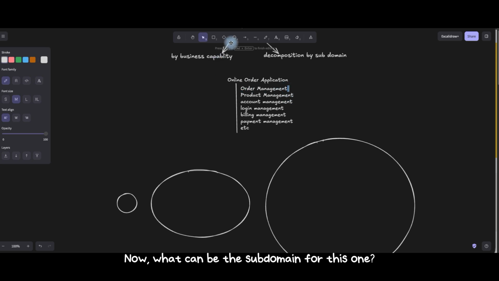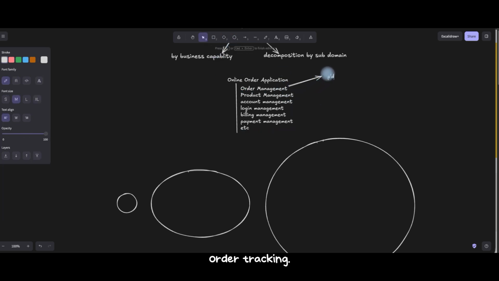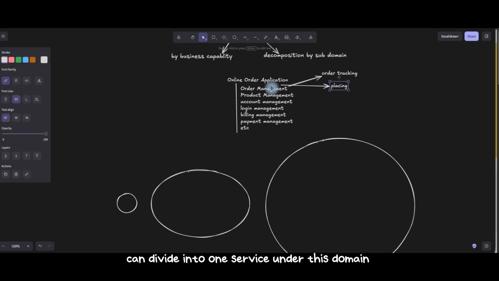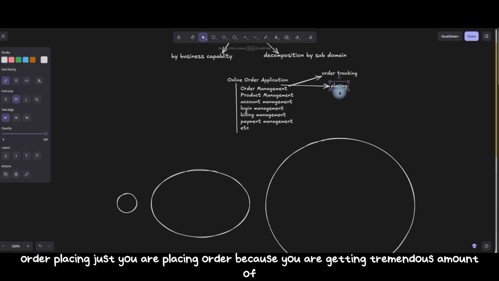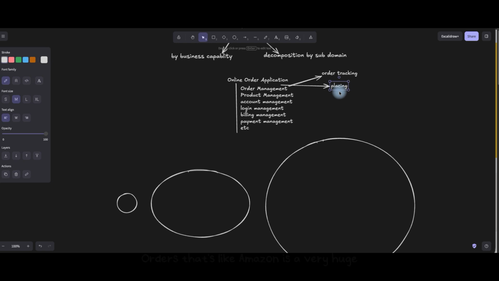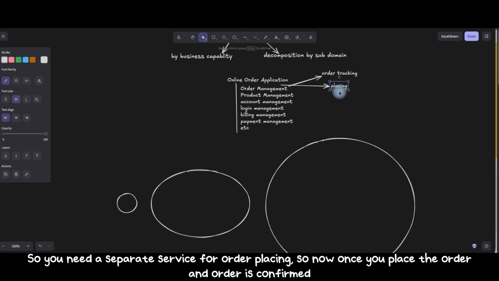Now what can be the subdomains for this one? It can be anything. It can be order tracking, or it can be placing. Under this domain there can be a placing service that only does what? Order placing. Just placing orders, because you are getting a tremendous amount of orders. Amazon is a very huge marketplace, so you may be getting millions of orders placed worldwide, so you need a separate service for order placing.